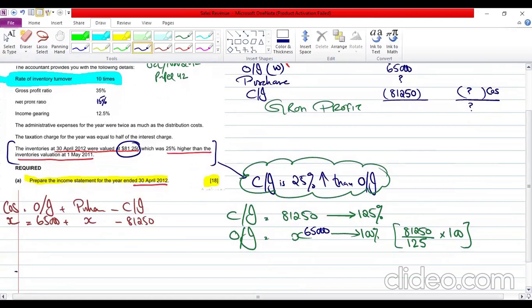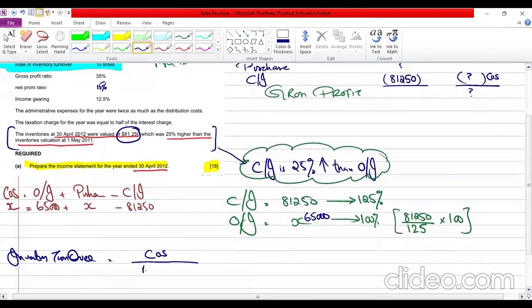The formula of inventory turnover is cost of goods sold over average inventory. I am not asking in months, I am asking in times, so we multiply by nothing.